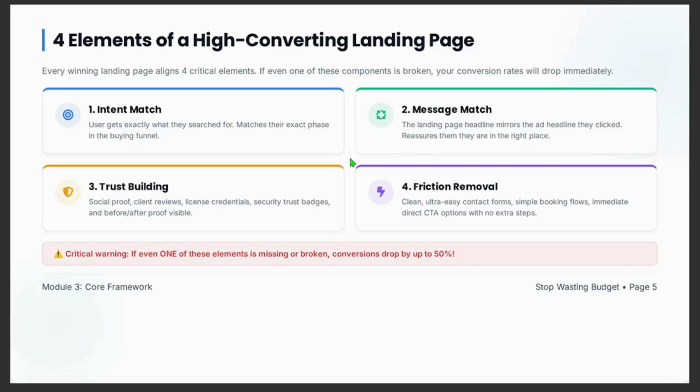Element number three, trust building. Show social proof like reviews, ratings, and certificates. And element number four, friction removal. Make it easy for users to contact you, with short forms and clear buttons. So if even one of those four breaks, your conversion will drop.